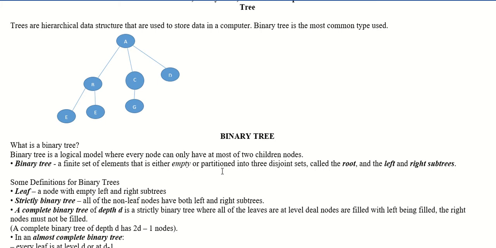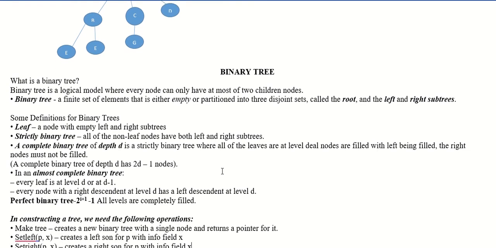So you find that the binary tree has only two children, that is left and right, while the topmost is the root. Among other definitions in a binary tree, we have leaves. A leaf is a node with empty left and right subtrees.